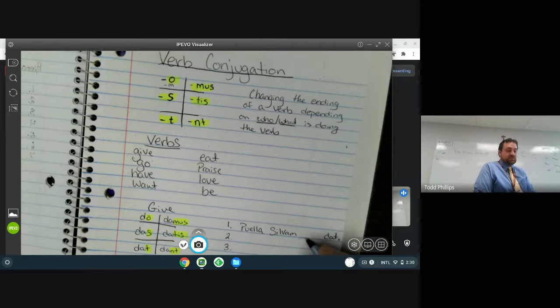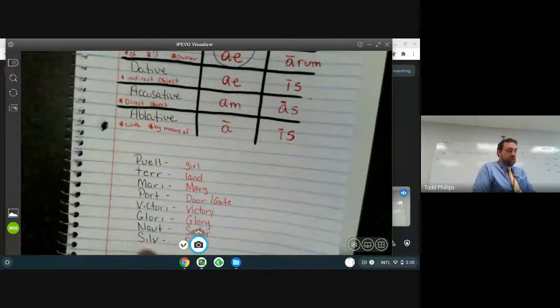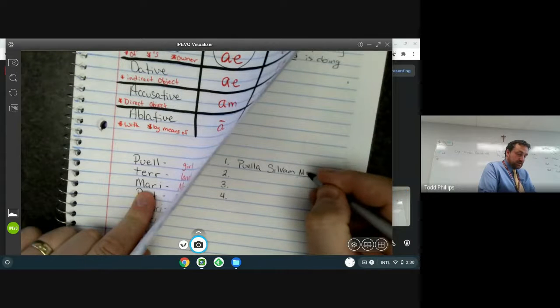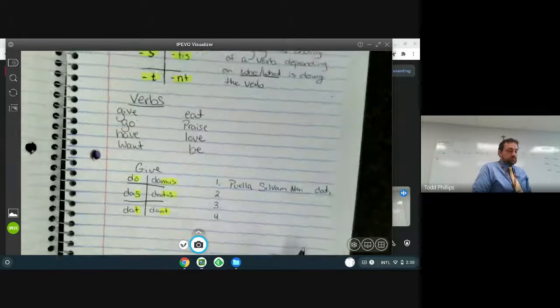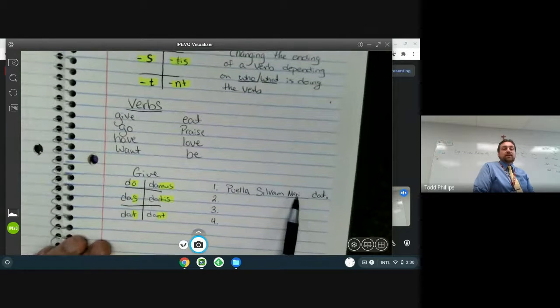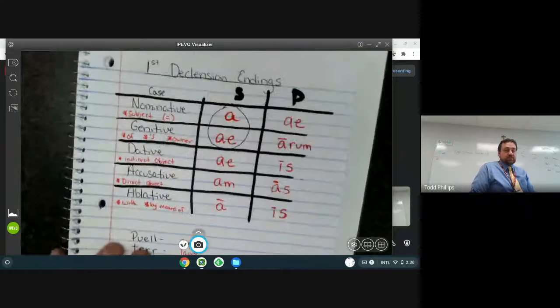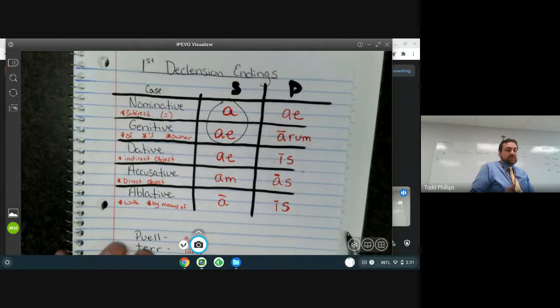Let's say who she gives the forest to. Let's say that she gives the forest to Mary. So we're going to do Mari. Now what ending would have to go on Mari if she's giving it to Mary? Okay, the thing that she's actually giving is the direct object. It's the object that's directly receiving my giving action, right?